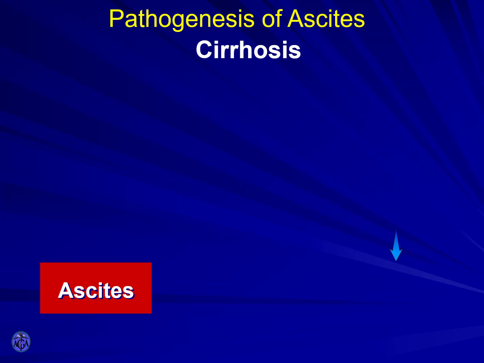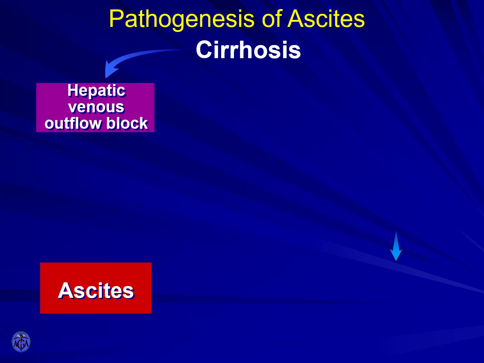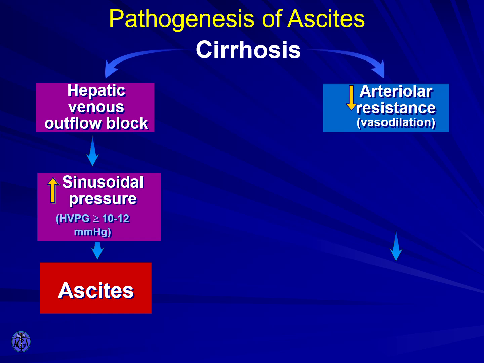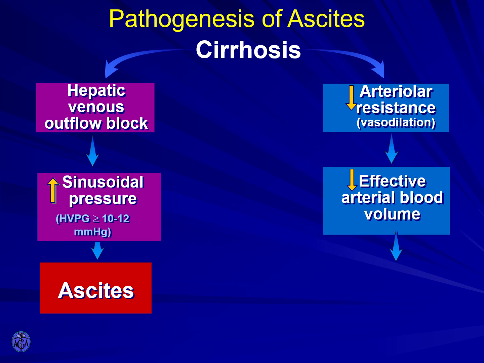So what is the pathogenesis of ascites formation? You have basically sinusoidal outflow obstruction. What does that mean? We have hepatic venous outflow obstruction. What does that mean? You have fibrosis developing within the sinusoids and in the space of Disse.